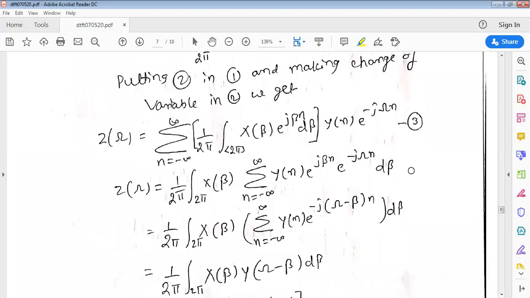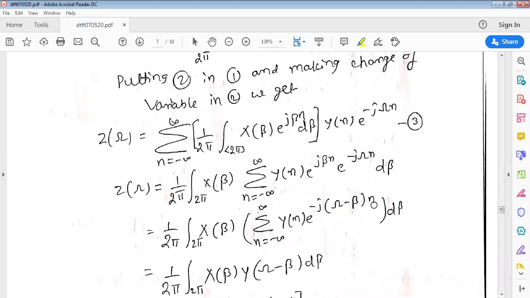So this is equal to 1 by 2 pi integral over a period of 2 pi X of beta summation from minus infinity to plus infinity y of n e power minus j. Take common e power minus j, don't take plus j, because I want e power minus j omega n. So e power minus j, what is left here? Omega as it is, but instead of plus j I have taken minus j. I'll write minus j into omega minus beta, so I have omega minus beta into n d beta.